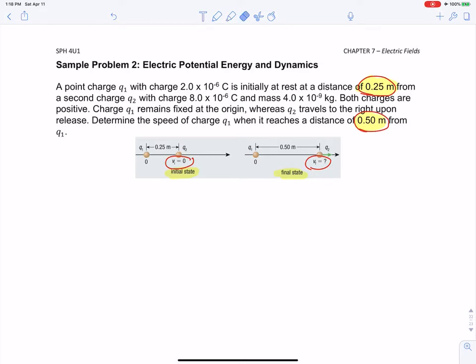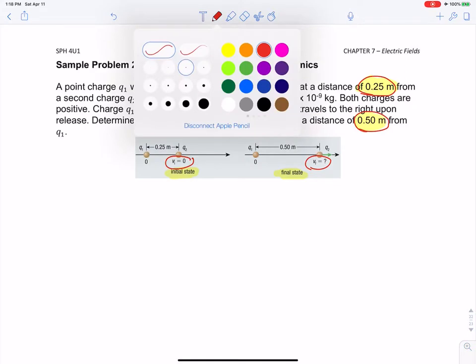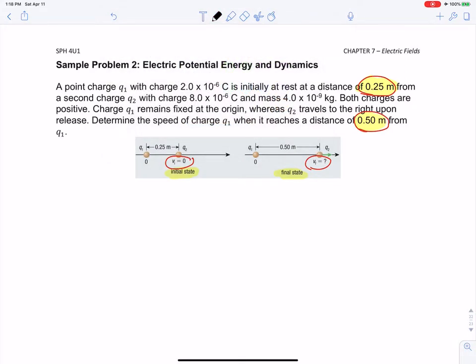Okay, so let's start solving. We have the initial electric potential energy plus the initial kinetic energy is equal to the final electric potential energy plus the final kinetic energy.